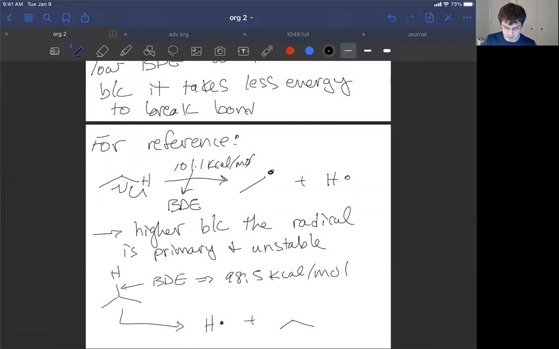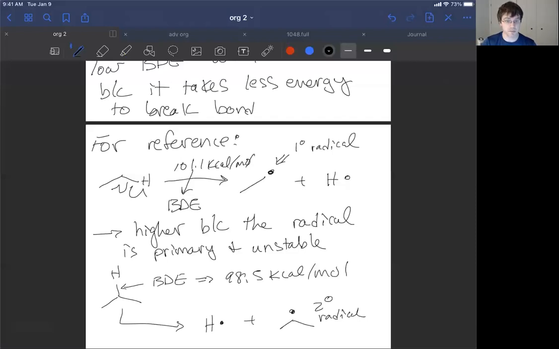So there's our hydrogen radical along with now a secondary radical, whereas earlier we had a primary radical.